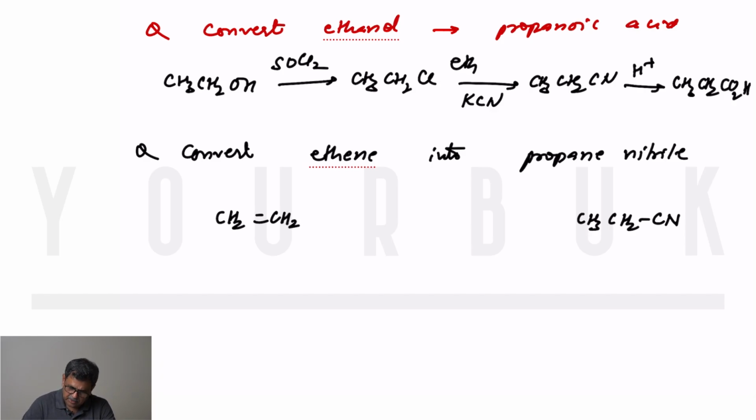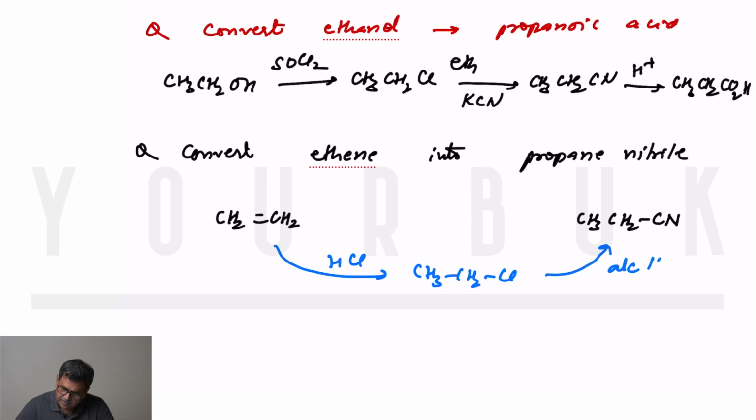Now, first you prepare the halogen compound. So we react it with HCl, HBr, anything you can write, but in dark. It gives you CH3CH2Cl, and then using alcoholic KCN.